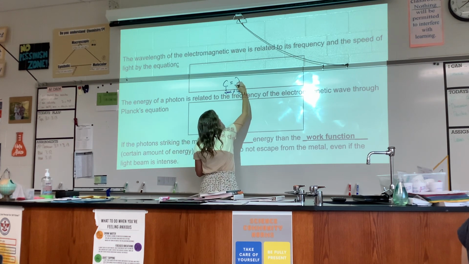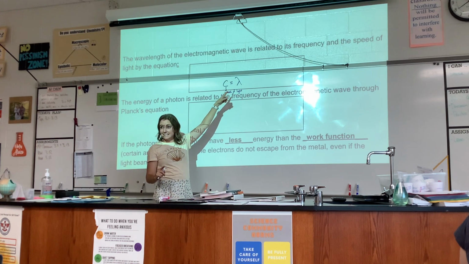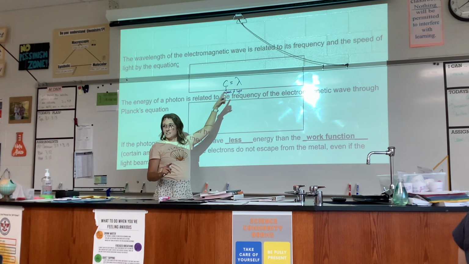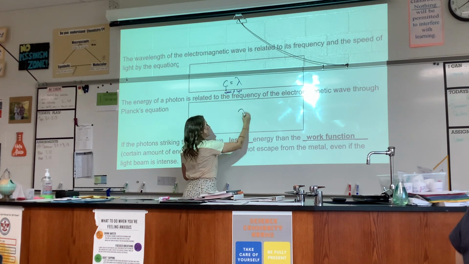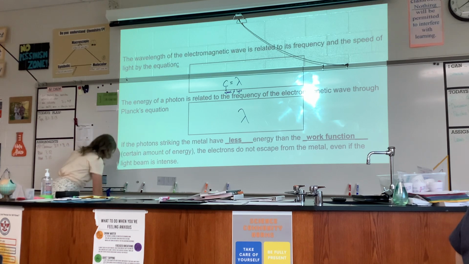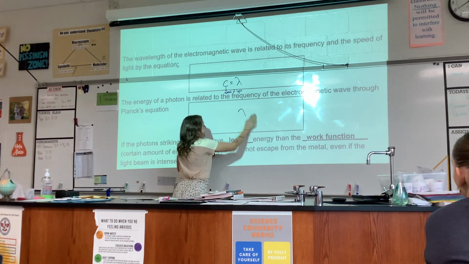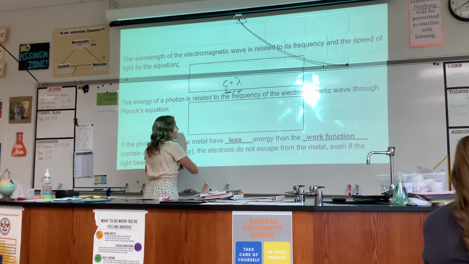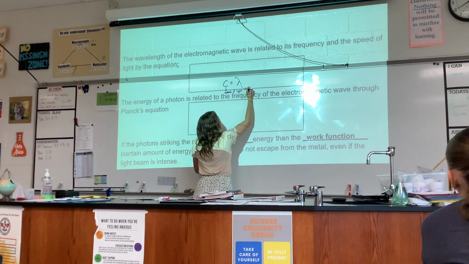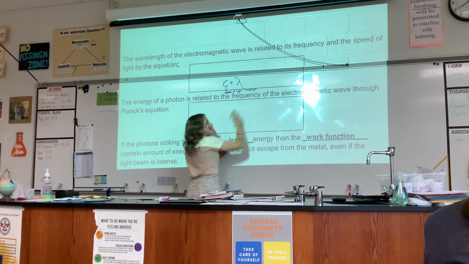This is the Greek symbol for wavelength. The way I draw it is you do a hook and a line. Some people think it's like an upside down Y. Some students call it a giraffe. Whatever helps you remember it. One student last year said it's like a little wave at the top.